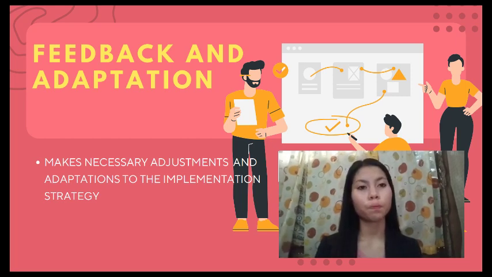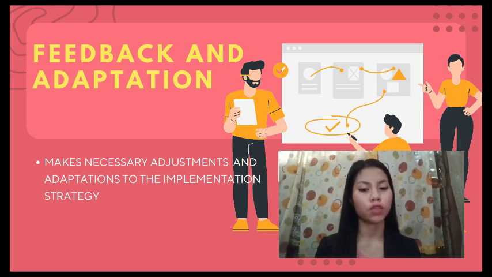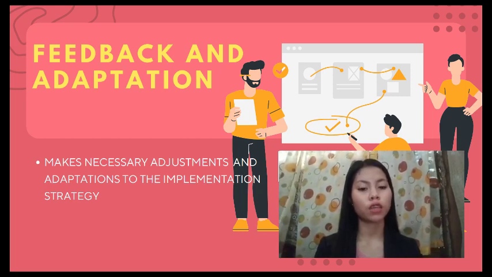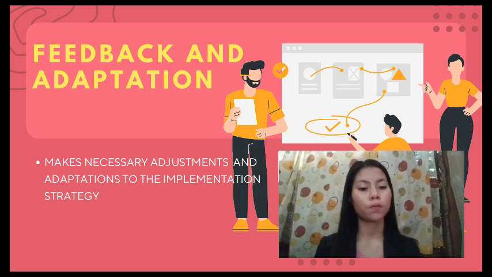Feedback is helpful information in our organization that is given to someone to say what can be done to improve performance. When we say adaptation, it is taking action to prepare for anticipated changes and respond to their effects.